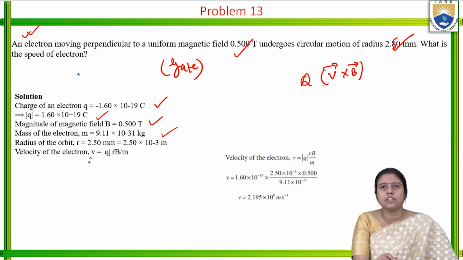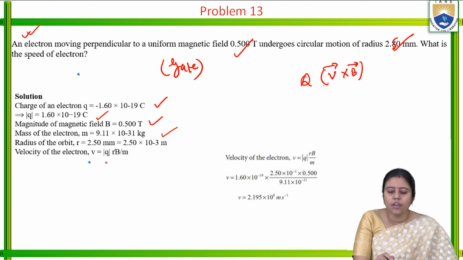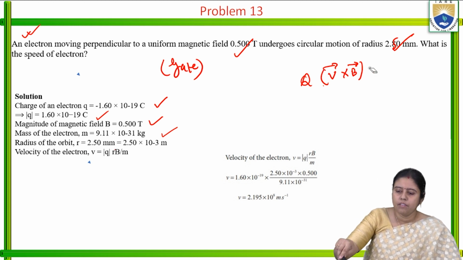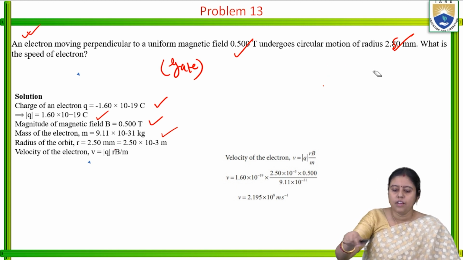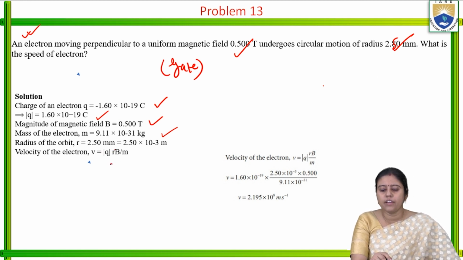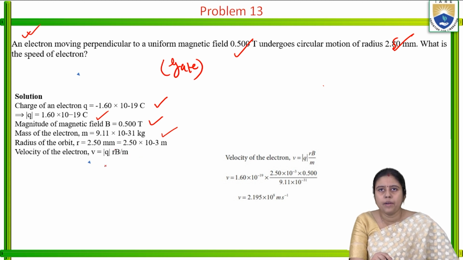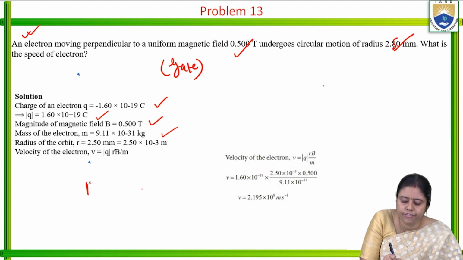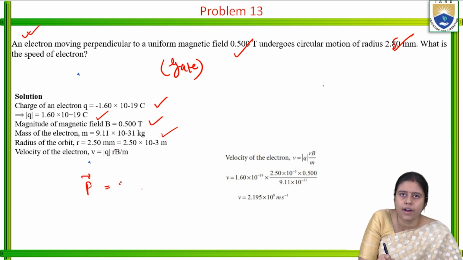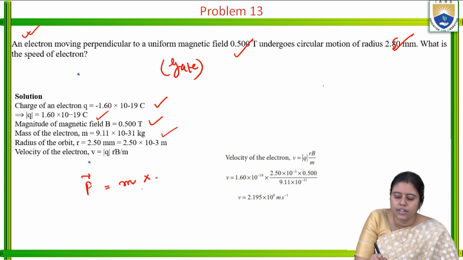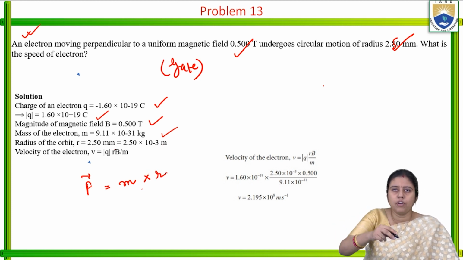So what is the velocity? Velocity is equal to Q radius into B by m, that is, QRB by m. Why are we getting this? Because we know force F is equal to mass into acceleration, as it is going in a circular path.